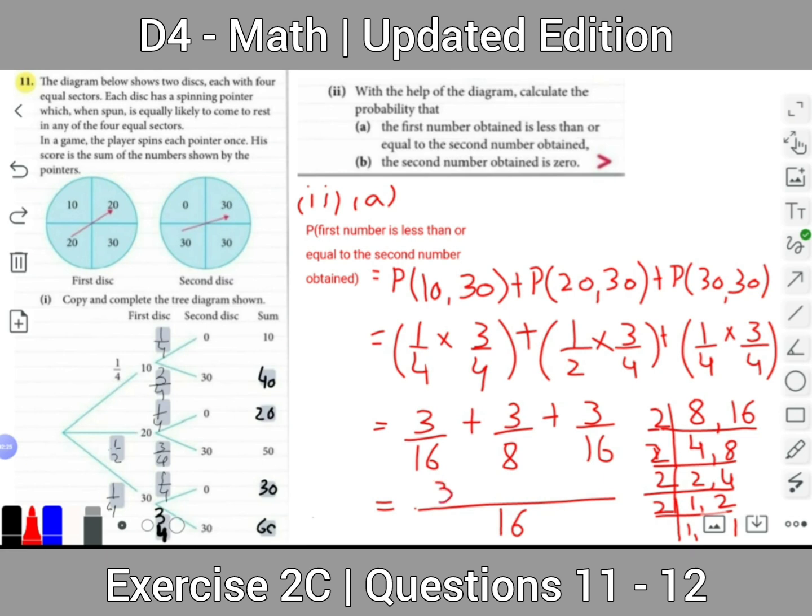So here we have 3 plus 8 over 16. 8 times 2 is equal to 16. So we have 3 multiplied by 2, which is 6. Again we have plus 3 because 16 ones are 16. So after adding up, we have 3 add 6 add 3 over 16.